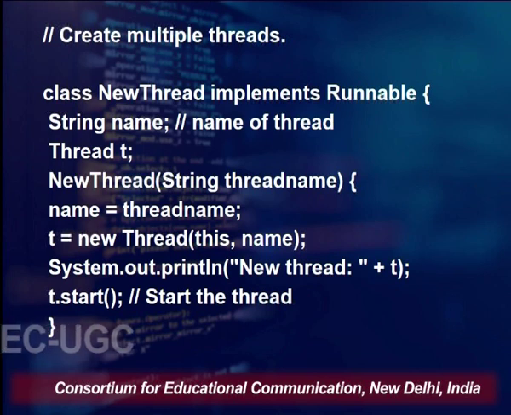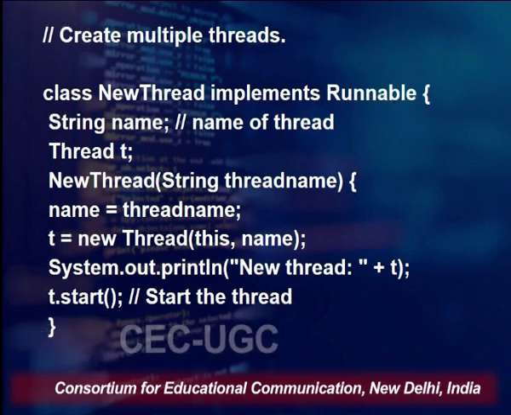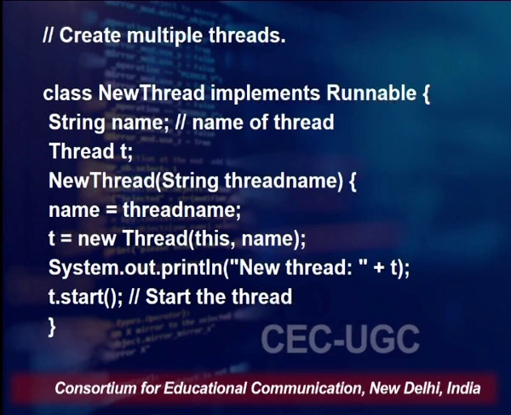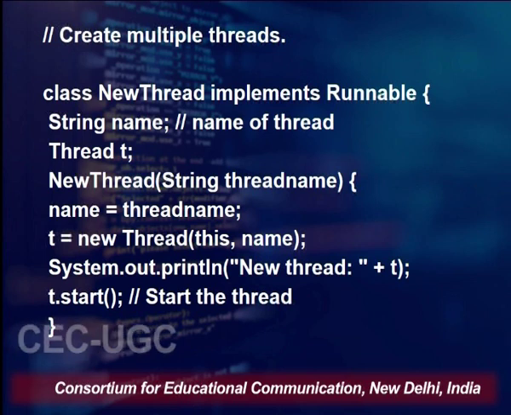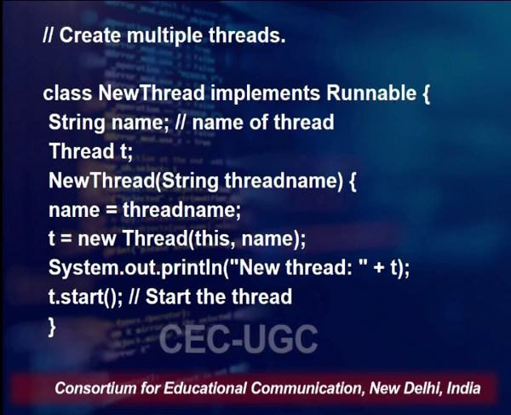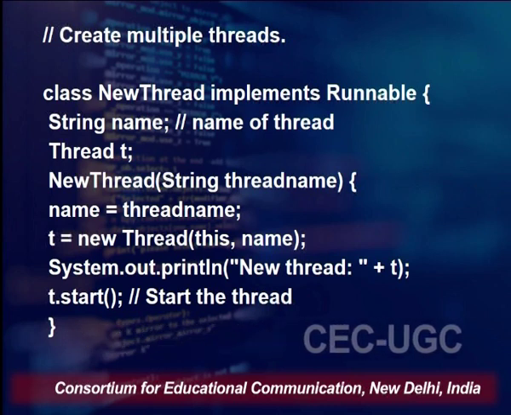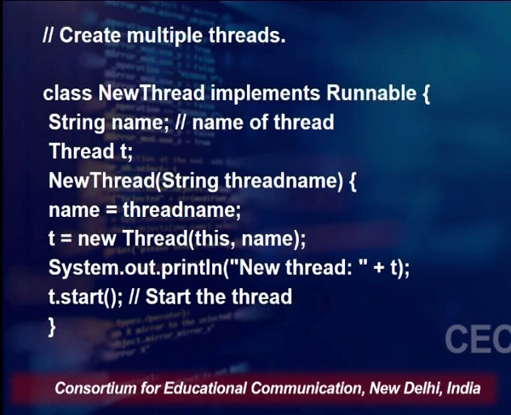One is this, pointing towards the current instance, and another one is the name, which is given as the parameter of the constructor. And this kind of scenario we have seen in our previous situations also.